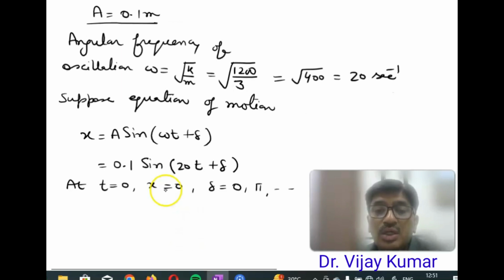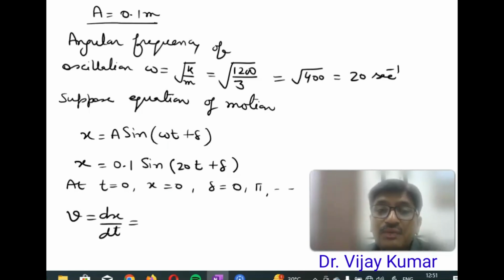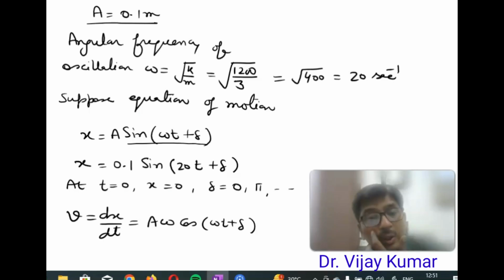So if we differentiate this equation, x equal to 0.1 sine 20t plus delta, velocity is equal to dx upon dt, and the differentiation of sine omega t plus delta is omega cos omega t plus delta. So velocity is A omega cos omega t plus delta.